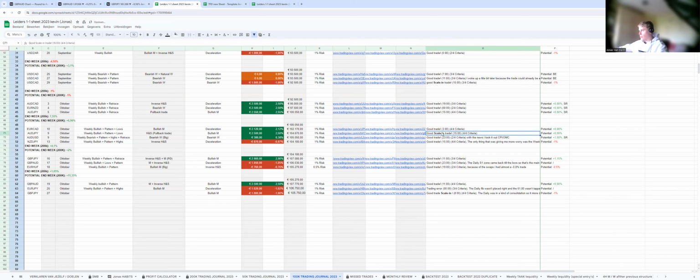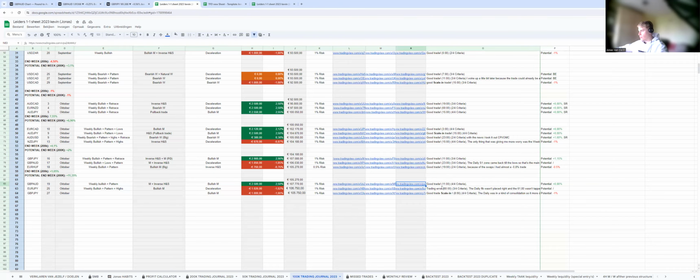You can also see here good trade scale in, and then you can see it already in black here. JPAD was also a scale in, so I need to place it also here like that. So I will copy it, place it in here. Good. Make it in black. Scale in. Nice.